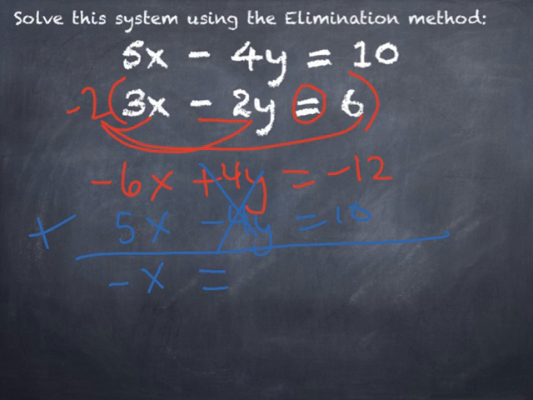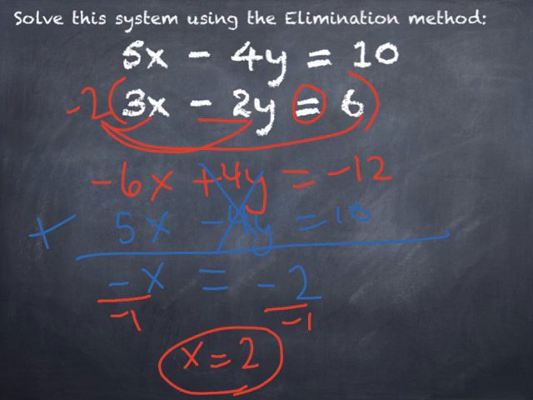When I add these two, I get negative 2. So negative x equals negative 2. If I divide everything by negative 1, I get that x equals positive 2.